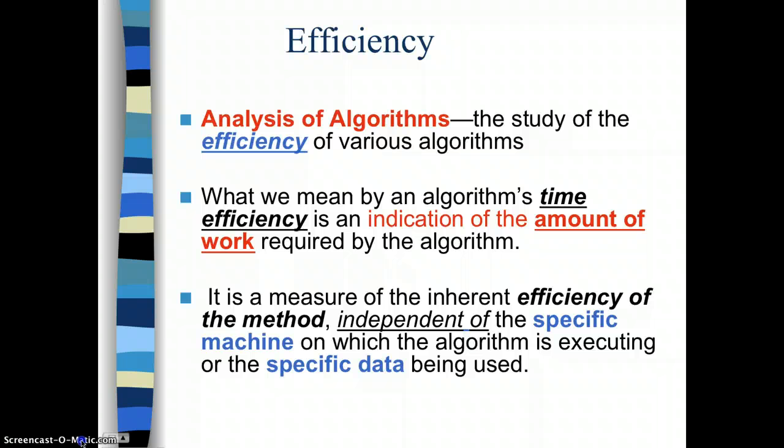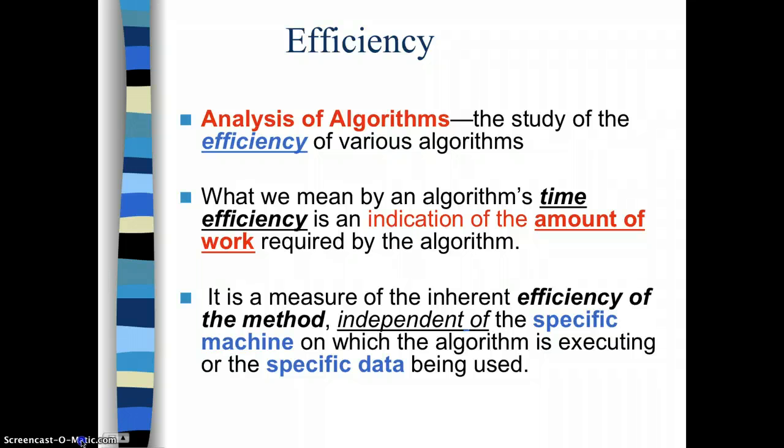And so what do we mean by the algorithm's time efficiency? Well, it should relate to a general unit of work. We don't want to use minutes or seconds, because if you're running a program on, let's say, a Mac versus running it on a Solaris computer, which are computers with different architectures, you can't expect that they would run exactly the same, because the underlying computer instructions, when they take your algorithm, are going to be a little bit different.